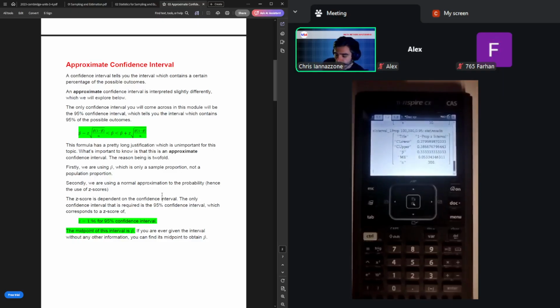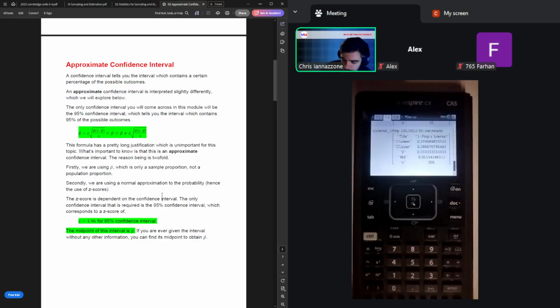And so what you need is a method by which to estimate what the true population proportion is. That's what this is. You're setting some lower bound and upper bound to constrain where that true population proportion is likely to fall.